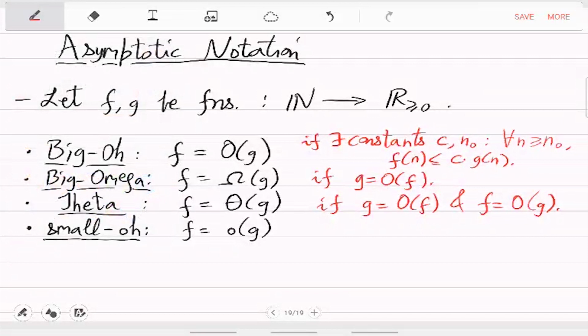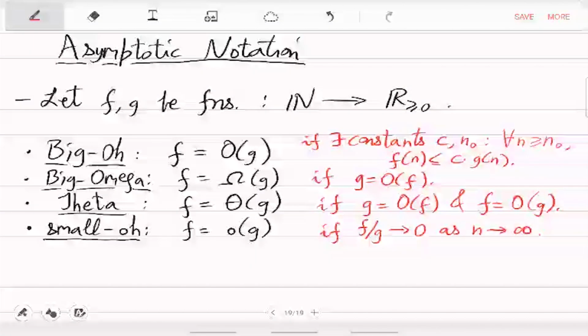In the small o case f by g is like 0. Okay, f by g tends to 0. That's a simple way to put it. As n tends to infinity, g becomes much larger than f and keeps becoming larger and larger, so the ratio is 0.